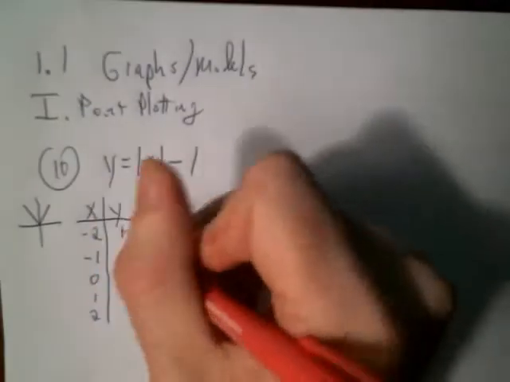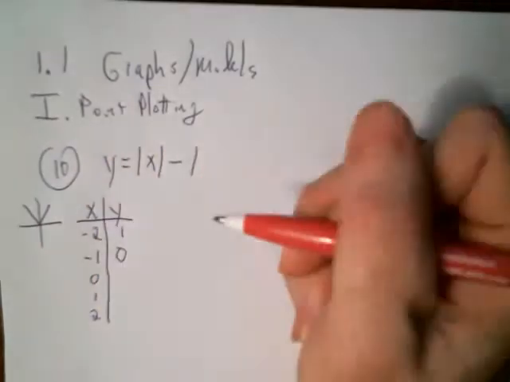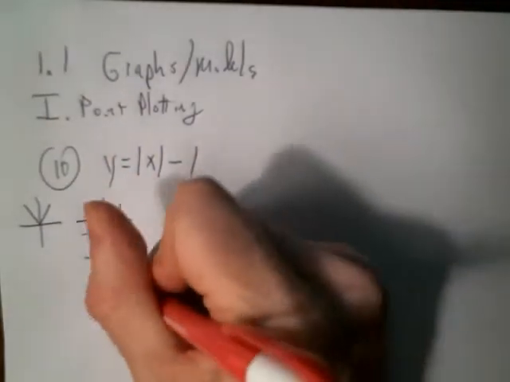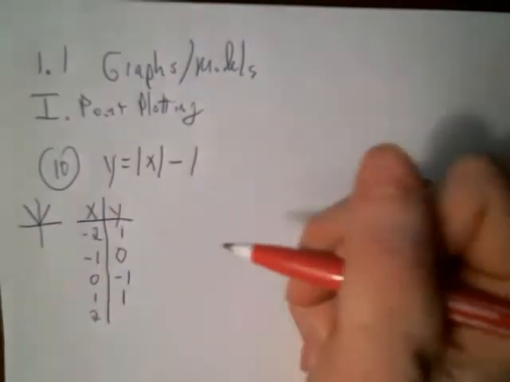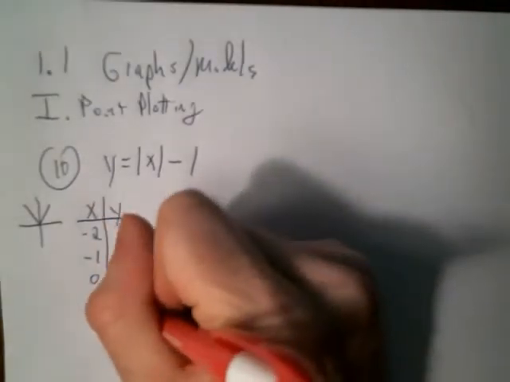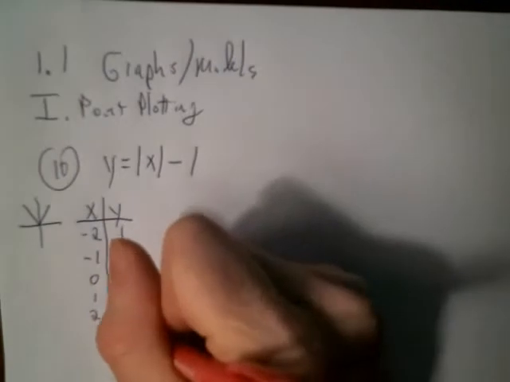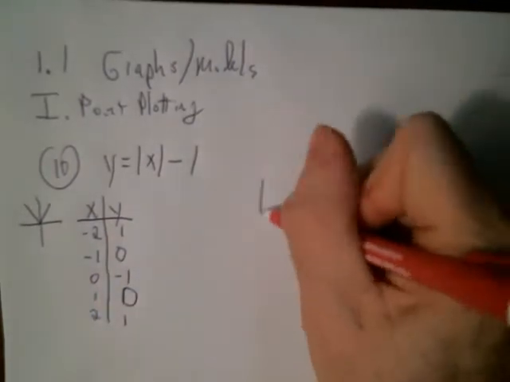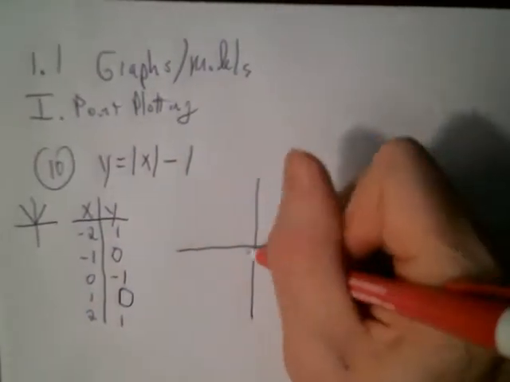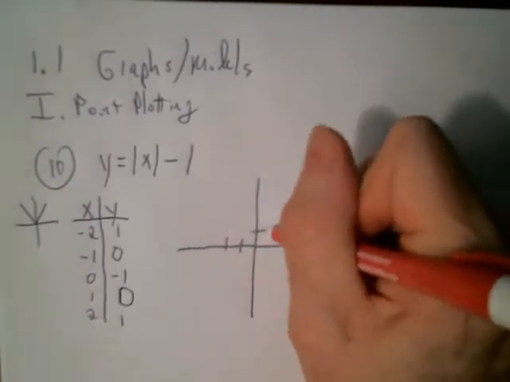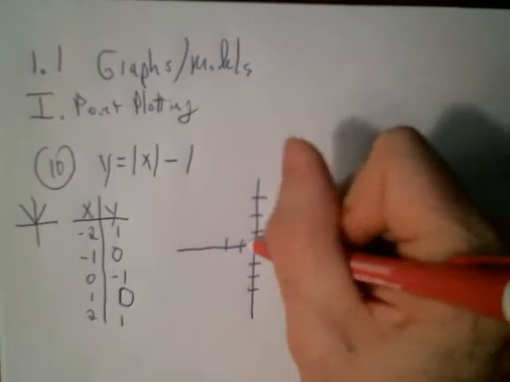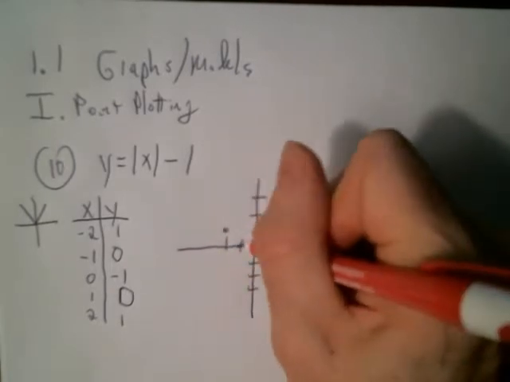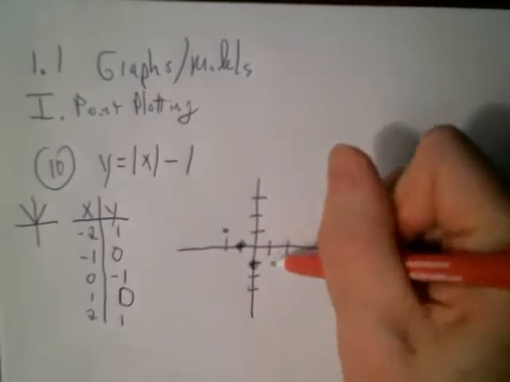Then you go over the xy plane and plot those points: -2, 1, -1, 0, 0, -1, 1.